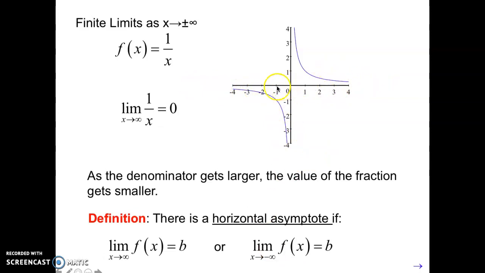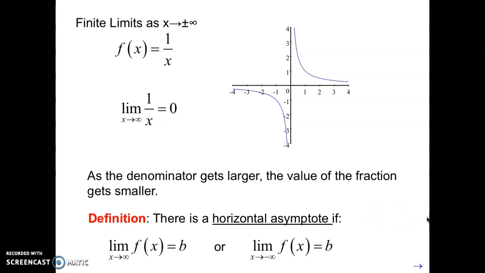As I approach infinity and as I approach negative infinity, this curve happens to have the same targeting value of 0. So in our case, y equals 0, or the x-axis, would be my horizontal asymptote. Notice horizontal asymptotes have the equation y equals a number.